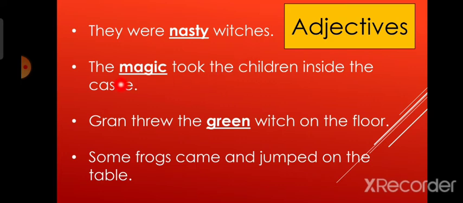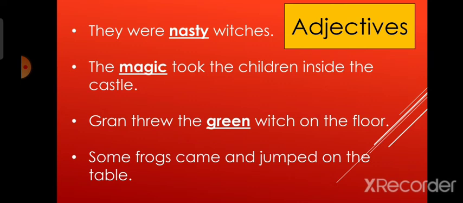In the second sentence, the word magic is an adjective here. Magic took the children inside the castle. Gran threw the green witch on the floor. Names of colors are adjectives. There were 3 old witches in the story.